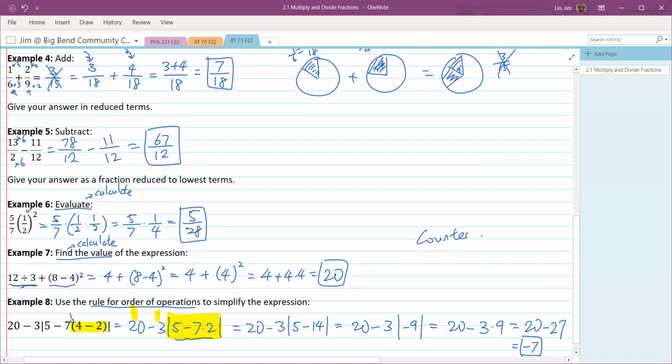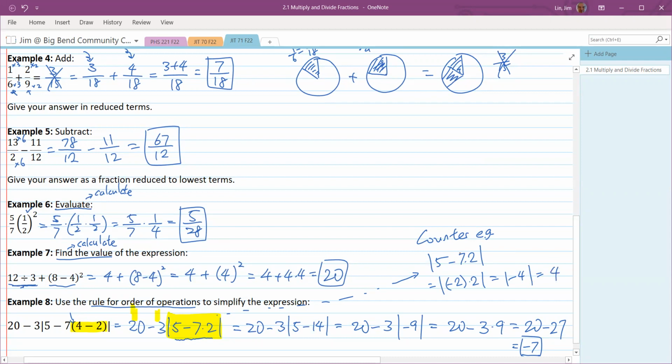I'll show you a counterexample at the end. Let's say we have this portion inside the absolute value sign, and then let's say we are making up our own math by doing this. We have 5 minus 7, which gives you -2, and then we multiply that by 2, and guess what? You get something totally different, which is not right either.